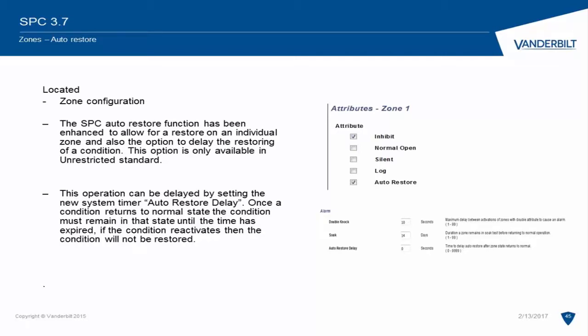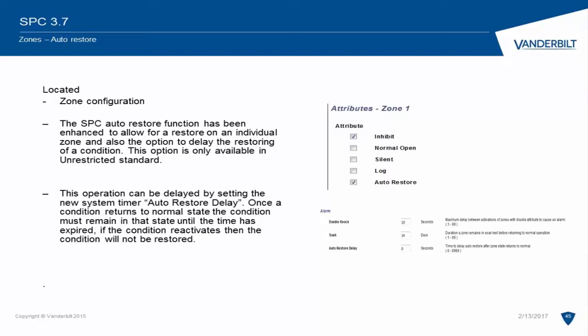So one of the features we added in SPC 3.7 is an enhancement of the auto restore function. SPC had a global auto restore which would restore every alert once it went back to a normal state. What we enhanced in 3.7 was a granularity that allowed you to select individual zones and to also decide when they would restore.